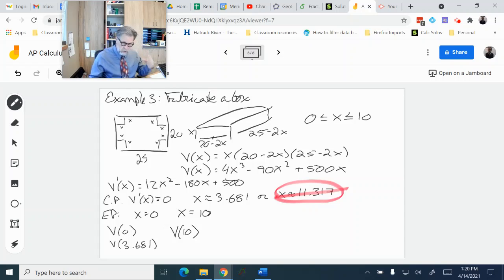What I know is that this is 0 and this is 0 because I've either cut nothing out of the corners, which means I have a flat sheet of steel, or I have cut everything out of the corners and I have a vertical piece of steel of double thickness.